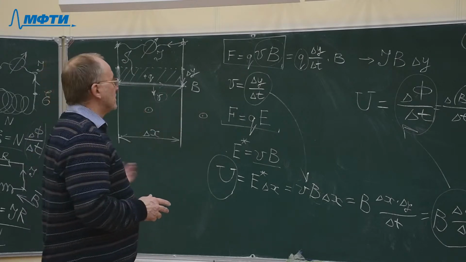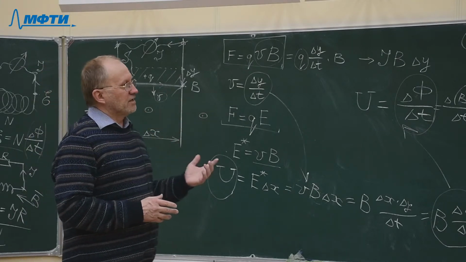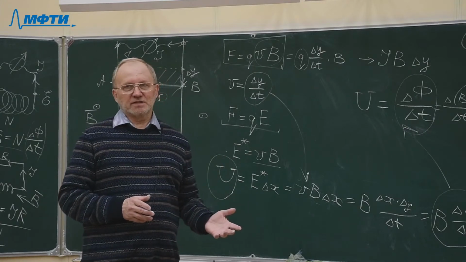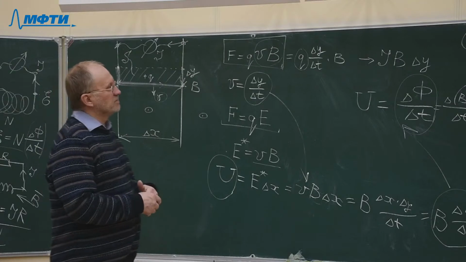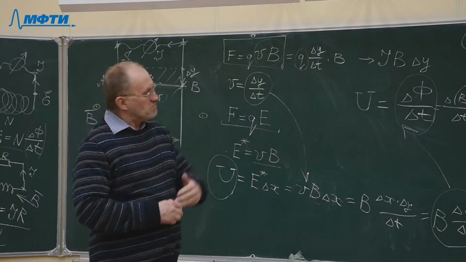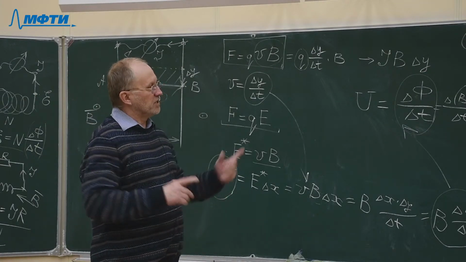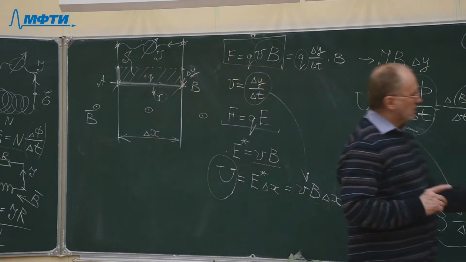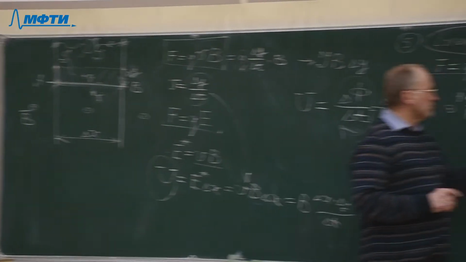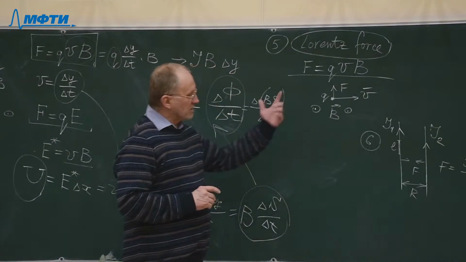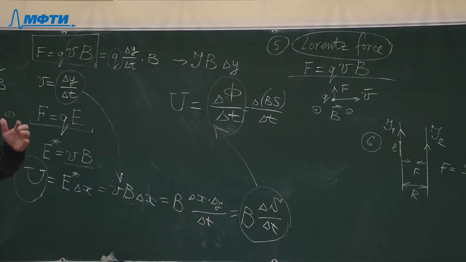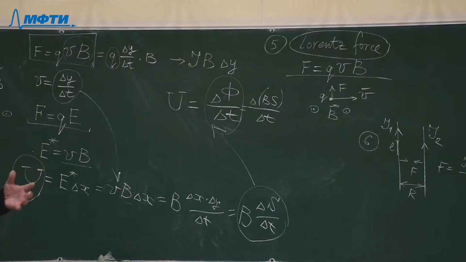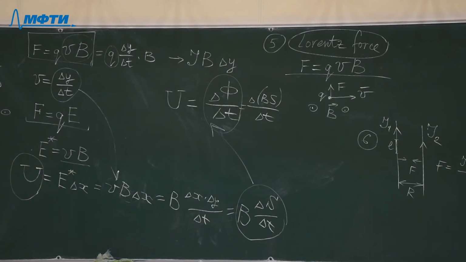We considered all these phenomena just as a generalization of experimental results. I always referred to some experiments, the Ørsted experiment and Ampere's experiment for the interaction between parallel currents, and Faraday's law was also explained as a generalization of experimental results.